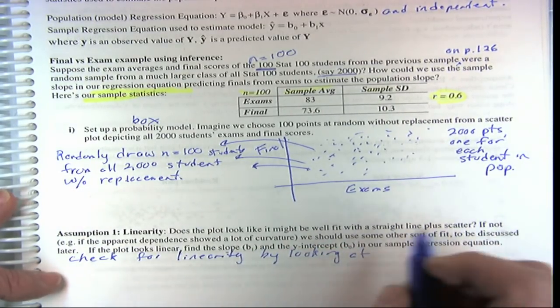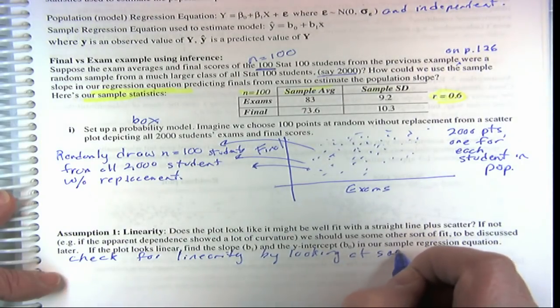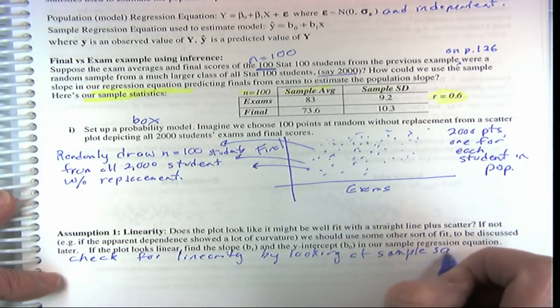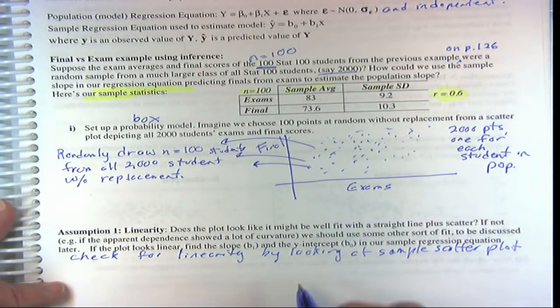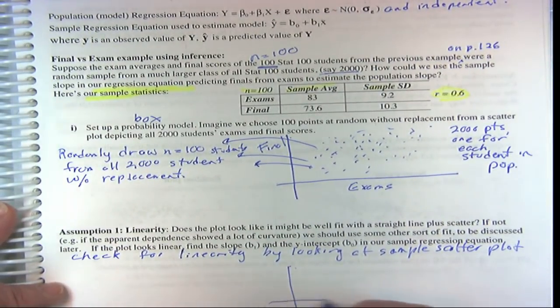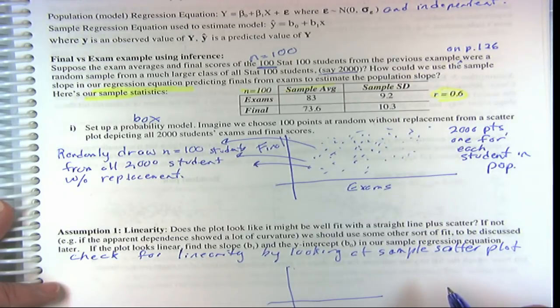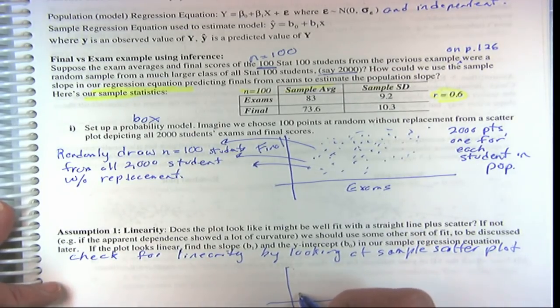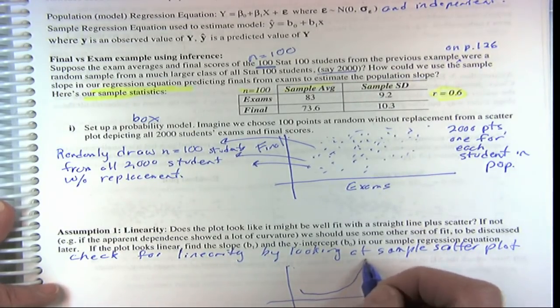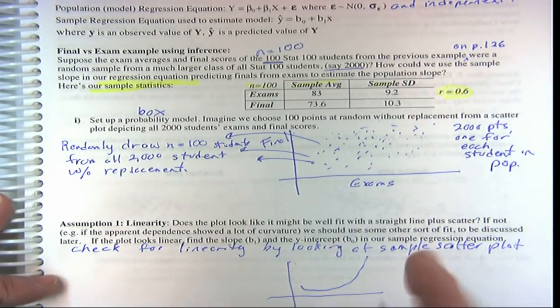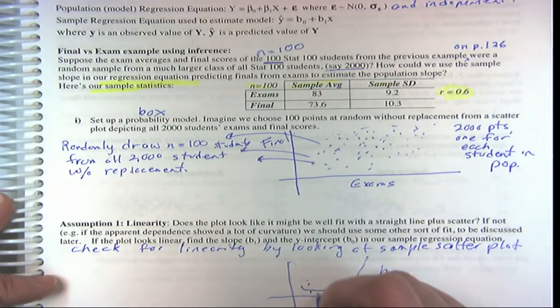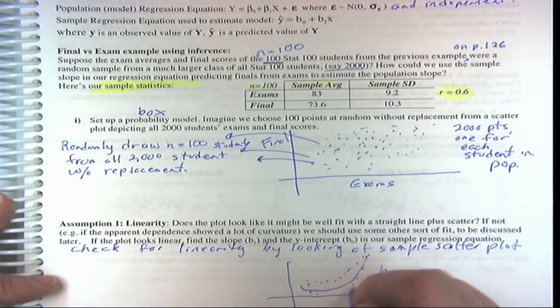By looking at our what? Sample scatter plot. So, for example, let's say it looked something like this. Well, then we don't want to fit a line to it. That's bad. That's a curve. So this would be bad if it followed a pattern like this, right?